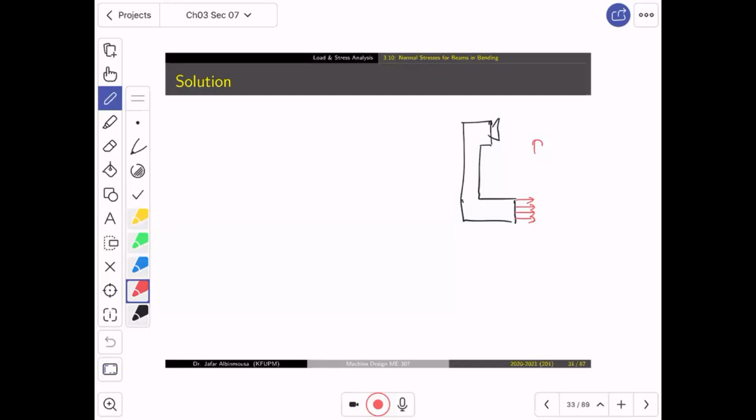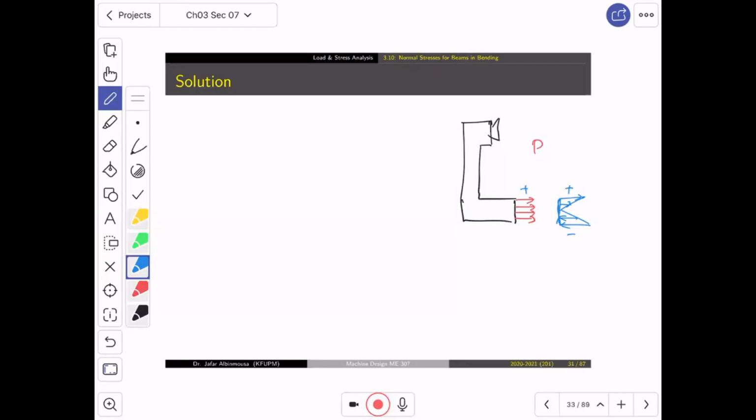And it will have bending, which is distributed this way, compression in the bottom and tension in the top. So this is tension, this is compression, this is tension.